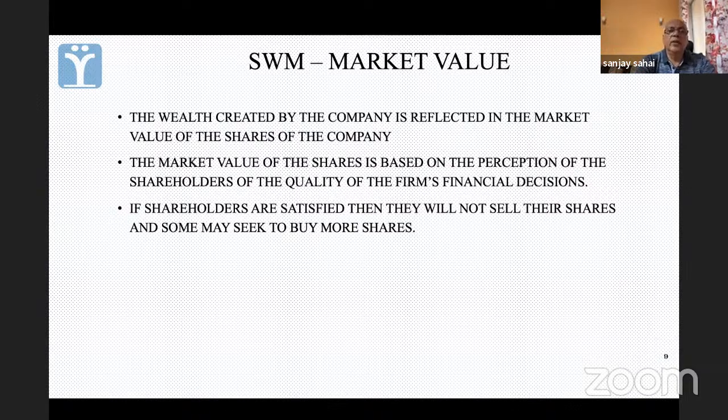HDFC Bank, a few years back, it was known as the 20% bank. It was known as a 20% bank because every year it would always give you a profit of at least 20%. And people were used to the company getting 20% profit, even though 20% profit for a bank is a very, very high figure.